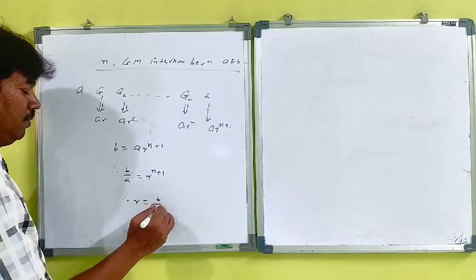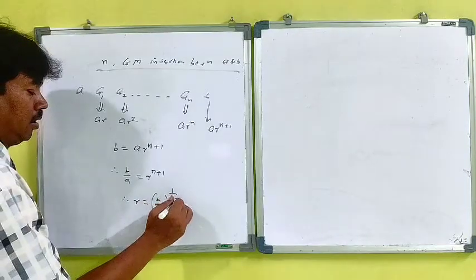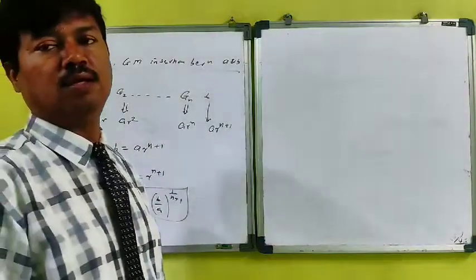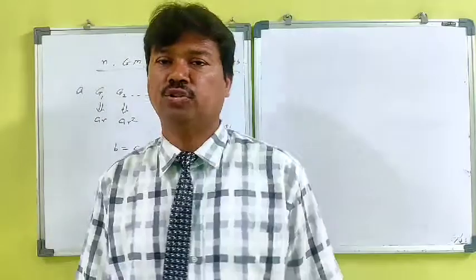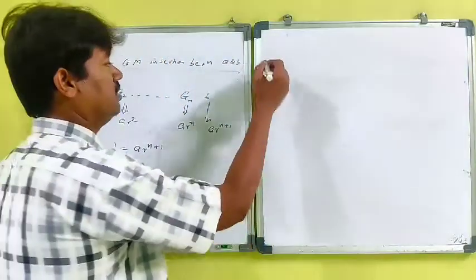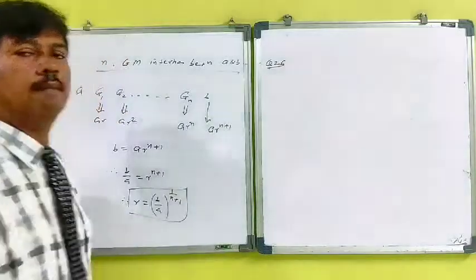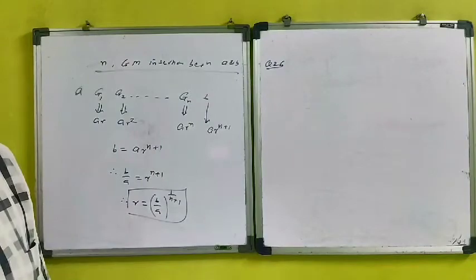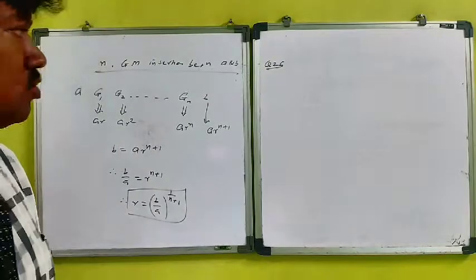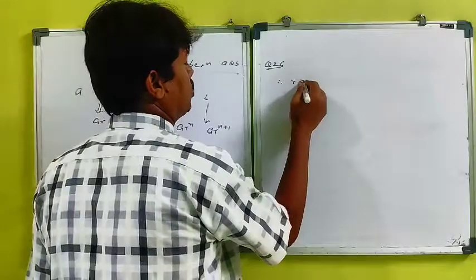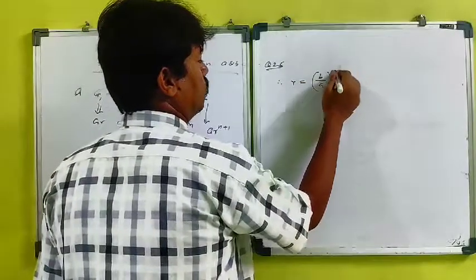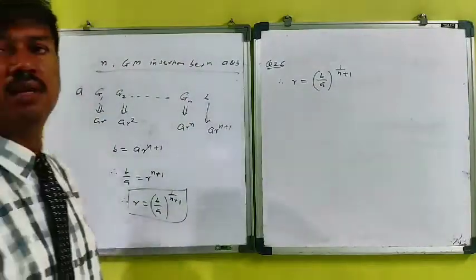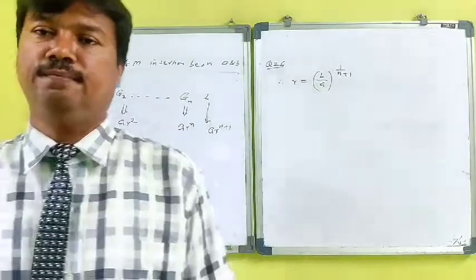So the common ratio becomes B upon A raised to 1 upon n plus 1. That is a very simple concept. Based on this concept, if you solve question number 26, that is exactly the answer for it. So question number 26 is valid.